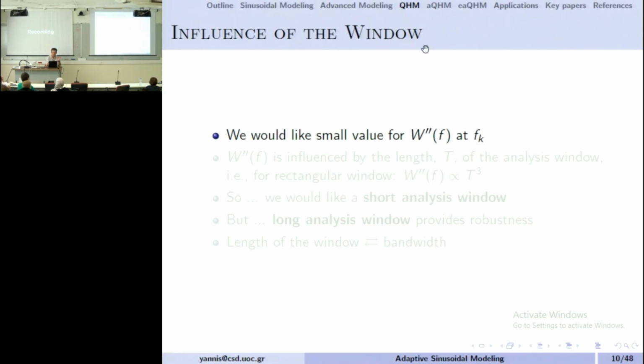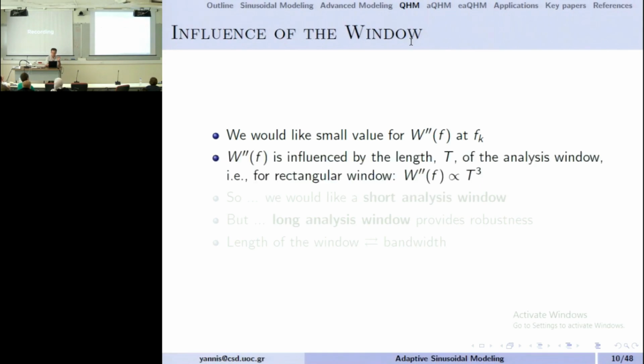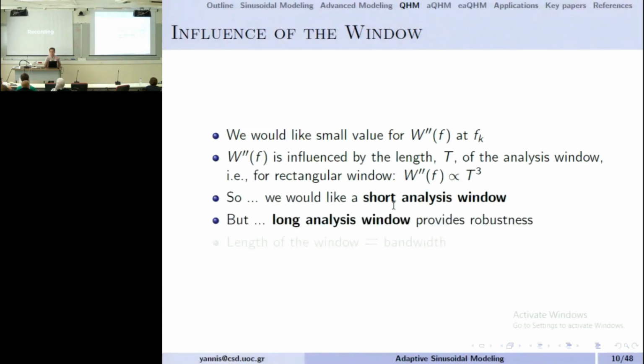Now we will talk only about the window, and we know that it depends on the length of the analysis window. For instance, for a rectangular window, this is analogous to power 3 of the length. So what we want is a short analysis window, for this value to be small. On the other hand, we need samples, we need data in order to estimate in a robust way.